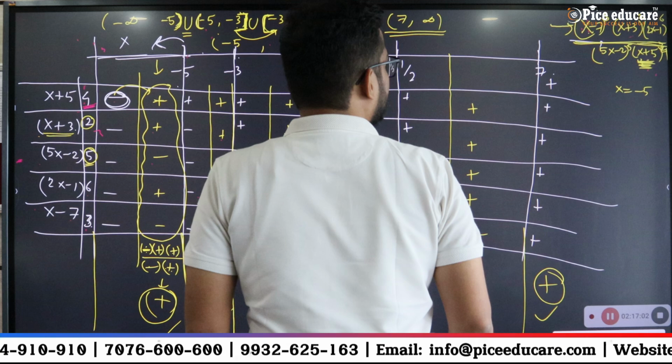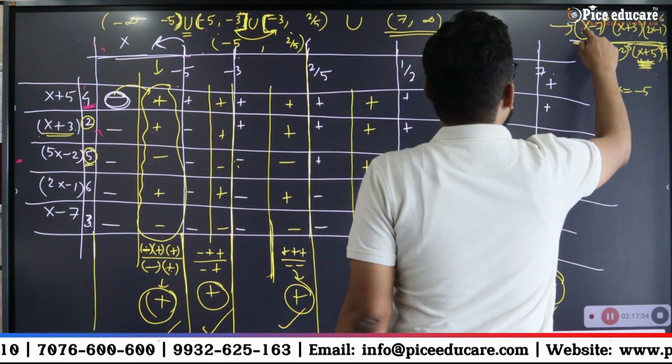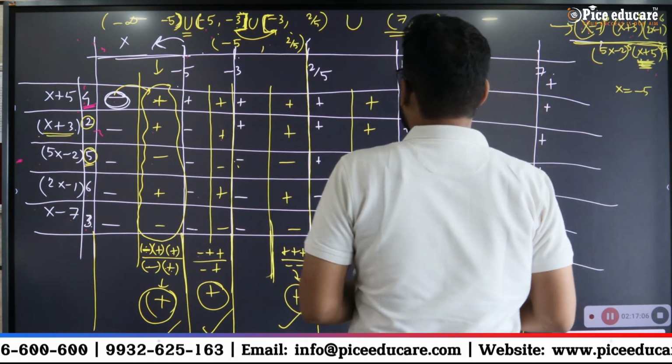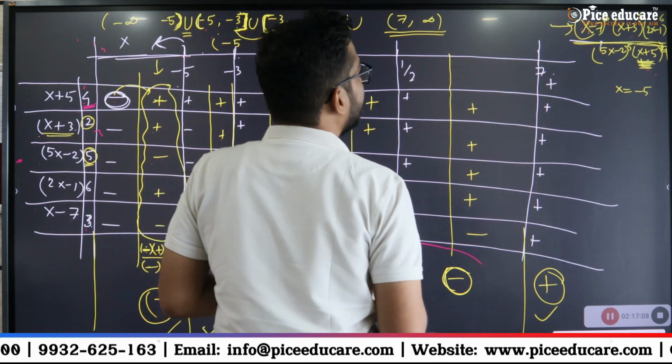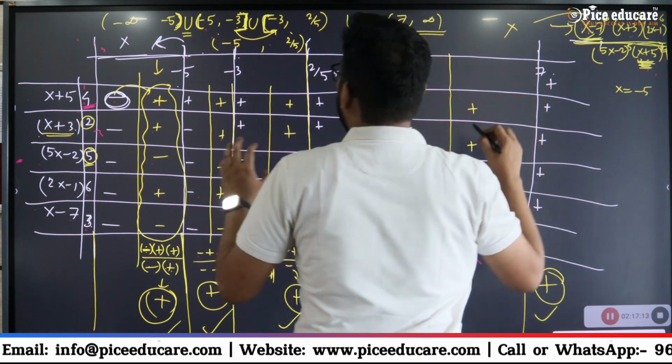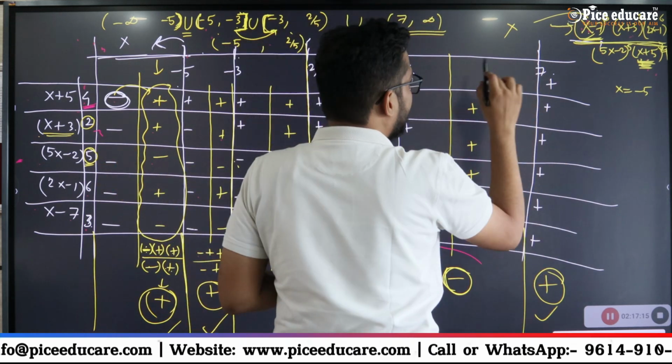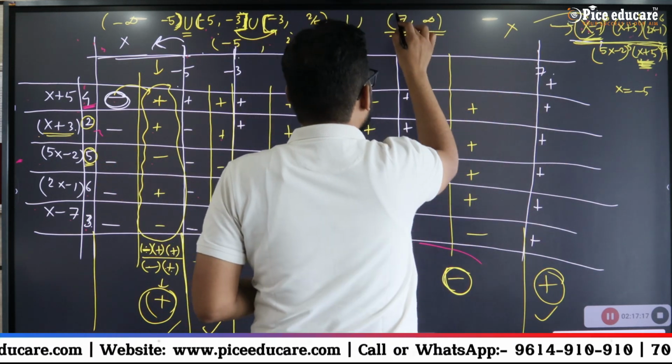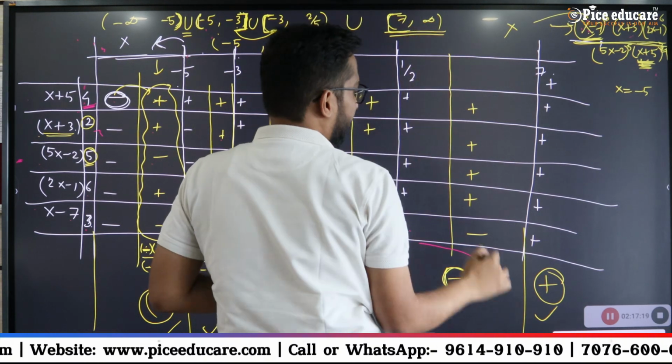When you said that x can be 7, here is another mistake that I have made. X can be 7. The original problem was bigger than or equal to 0, so x can be 7, so this has to be also a third bracket.